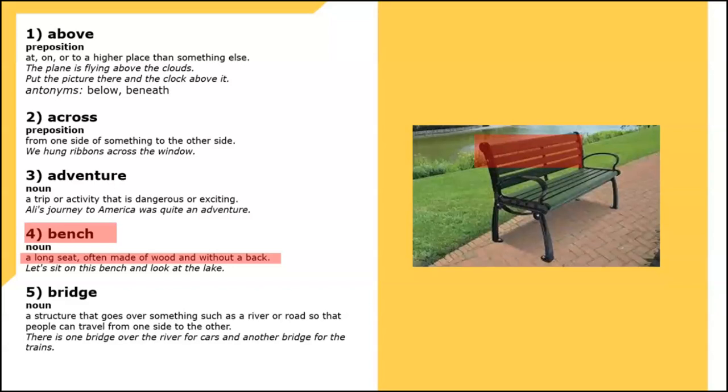A bench is usually something we find outside. Look at this sentence. Let's sit on this bench and look at the lake. So people who go to the park often sit down on a bench and they take some time to look around. A bench is just like a chair where you can sit down outside.